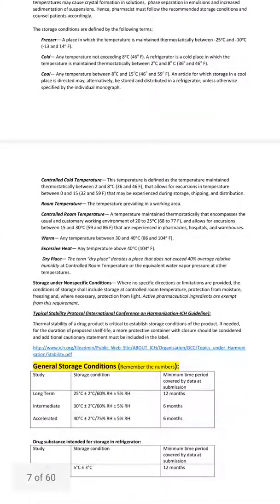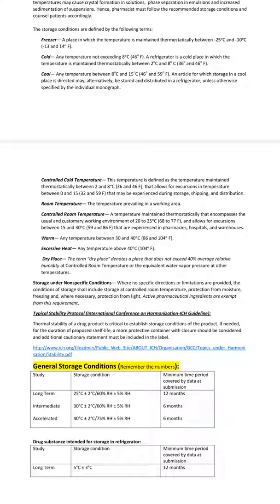Okay, here's where I'm starting to get into something useful. Freezer, -25 to -10, okay? Cold, 2 to 8. Cool, 8 to 15. So remember, just think negative room temperature to -10. Cold, 2 to 8.